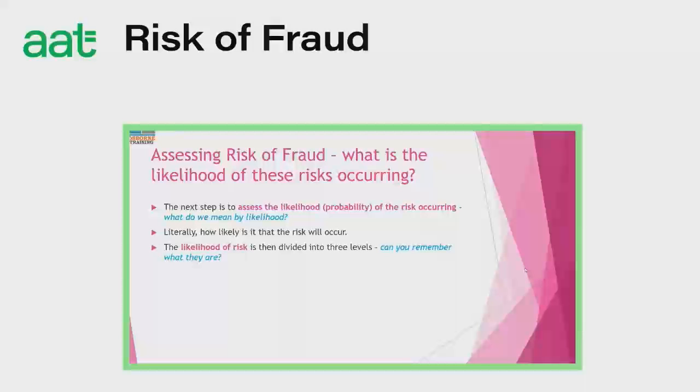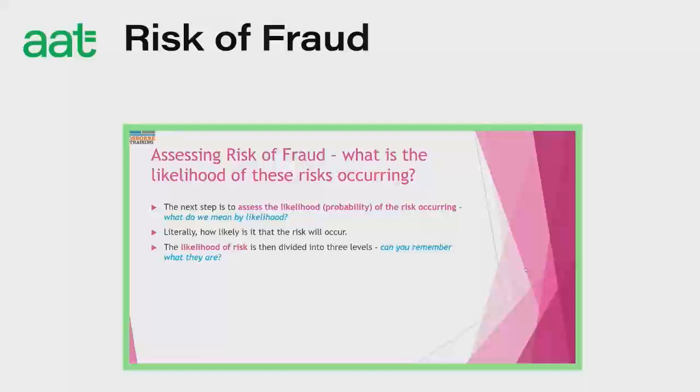The likelihood of risk is then divided into 3 levels. So I am just going to pause here to see if anyone can remember what our 3 levels of risk are. This is a bit easier in terms of typing the answers into the chat box.